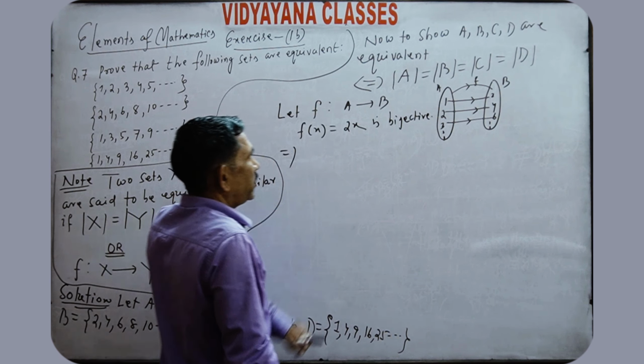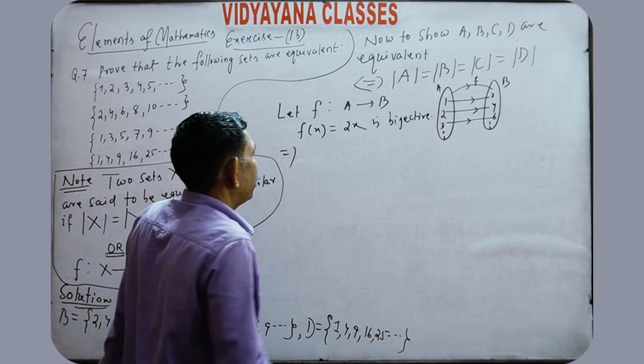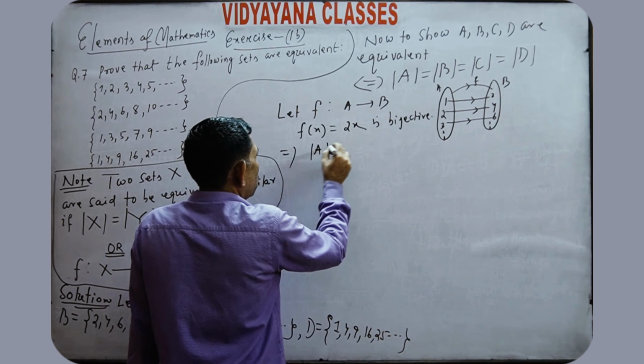Since f is bijective, |A| is equal to |B|.